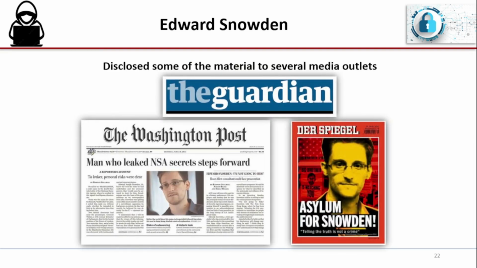So then he disclosed some of the material to several media outlets. He explained how the USA and these organizations have access to every nitty-gritty of your data, even financial data, and even where you're moving. So nowadays we know that even if we go from Pakistan to, for that matter, India, my system will automatically tell me that I am in India.